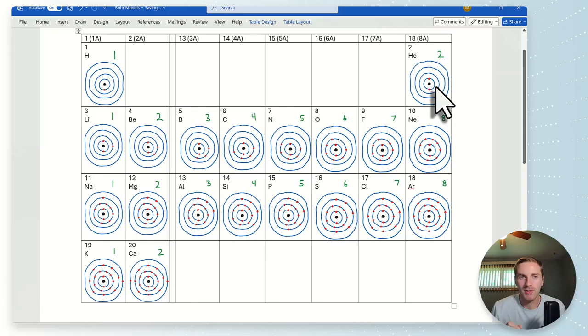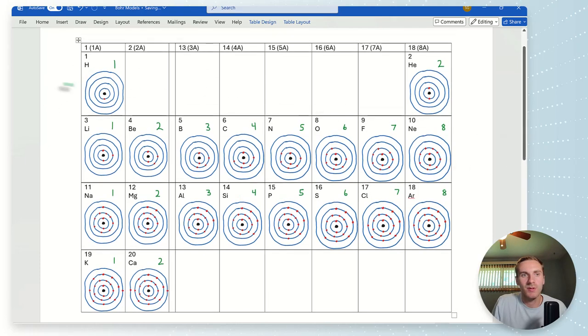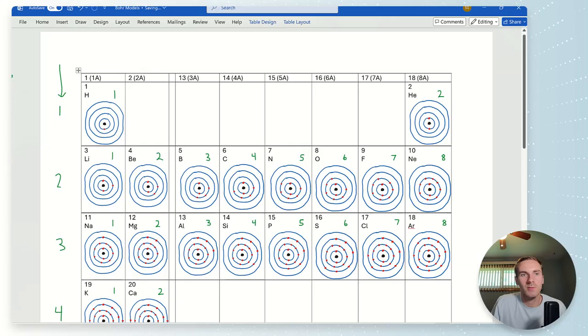The other trend to notice is if we look at the rows, and the rows are called periods. So this would be row 1, 2, 3, 4. Those numbers are sometimes called periods.